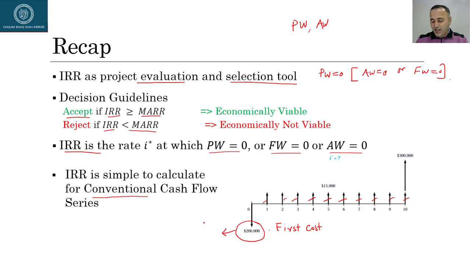On the other hand, if it starts with a positive number, or if it changes signs more than once, then it's a non-conventional cash flow series. And in the coming few slides, we will learn about the problem: if the cash flow series is non-conventional, then we have what we call multiple IRRs.